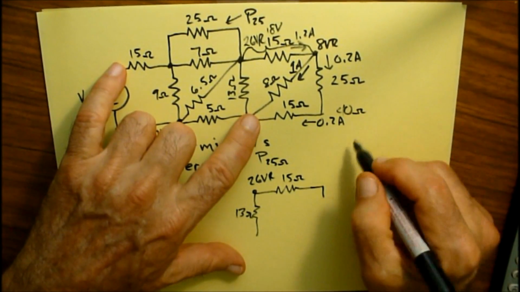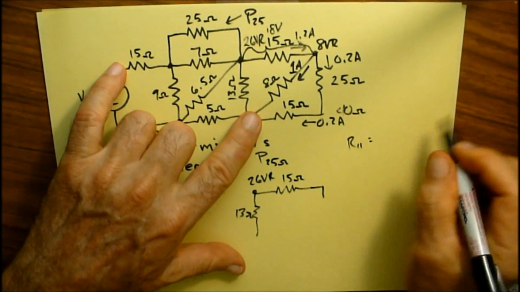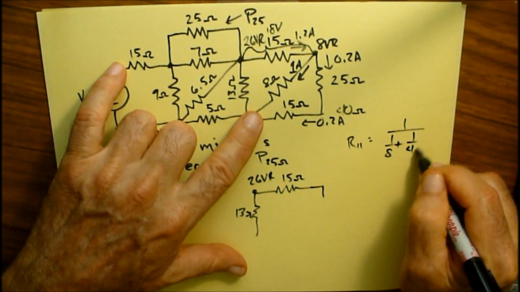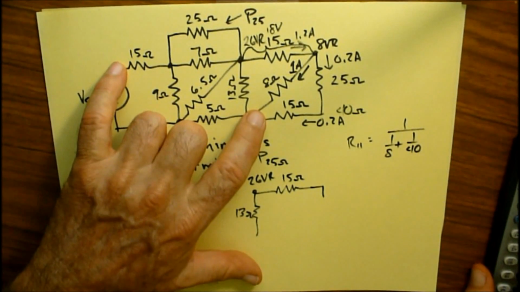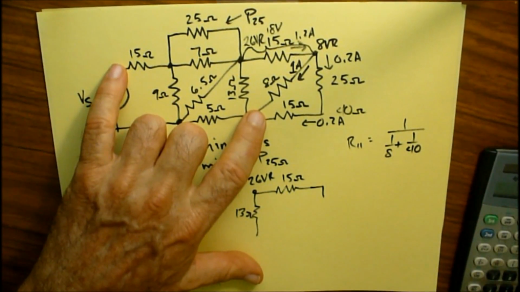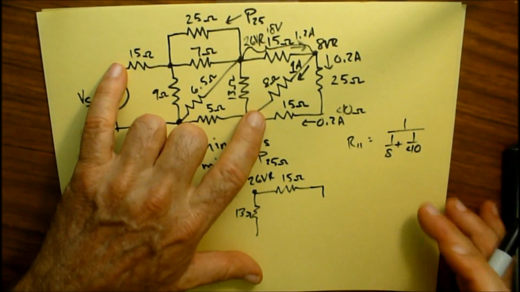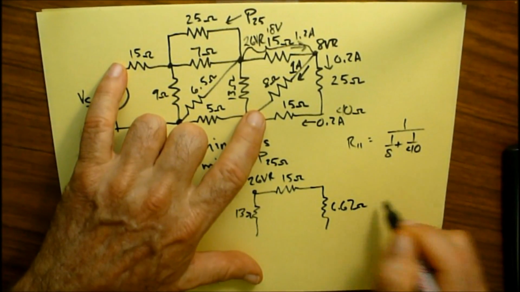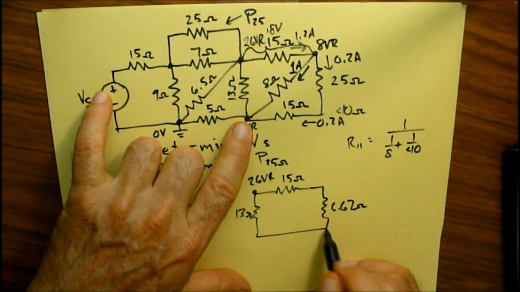And that means my R parallel is going to be equal to 1 over 8 plus 1 over 40. And that comes out to, well, let's see, that is basically a 6.67 ohm resistor. Alright, so that's what all these three resistors just add up to.